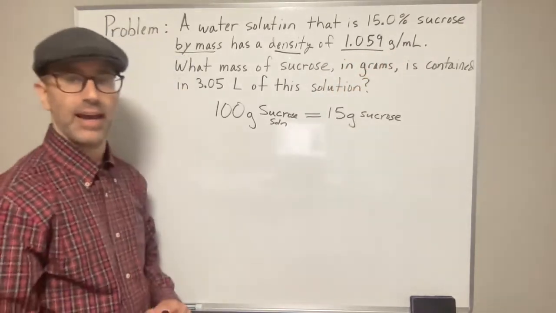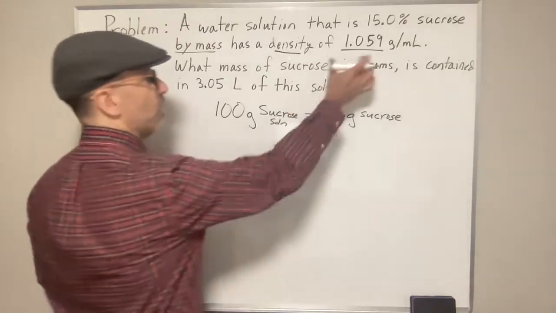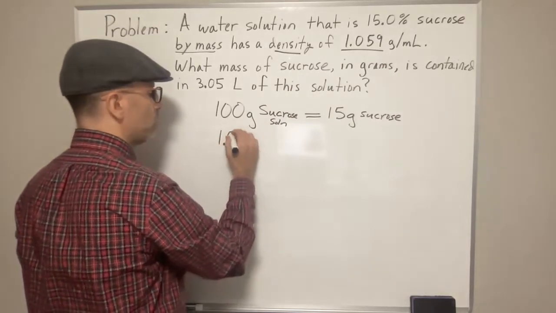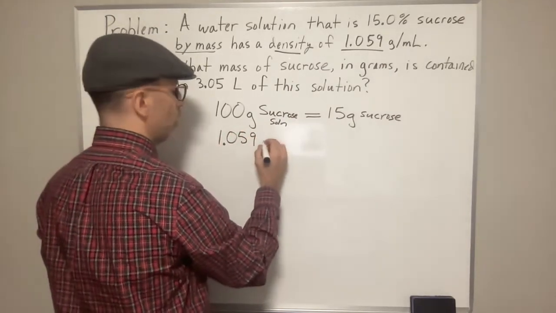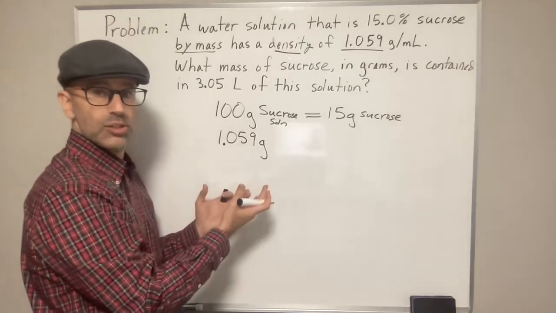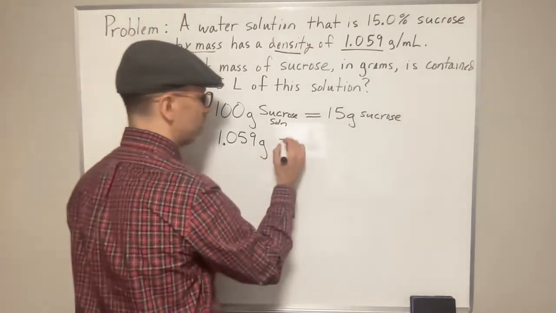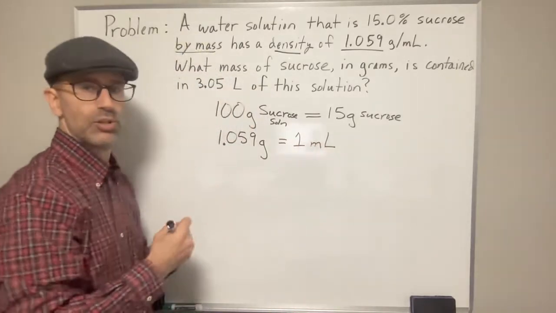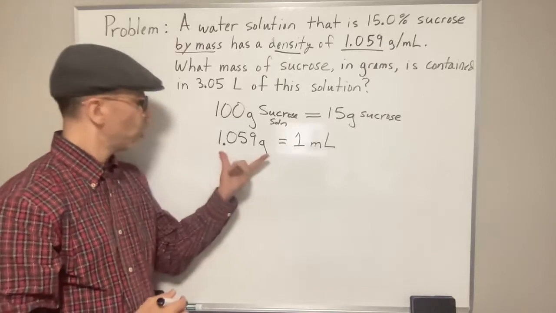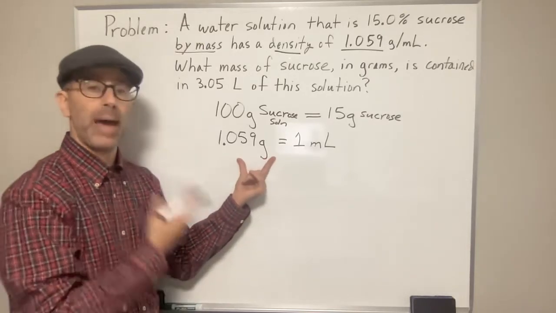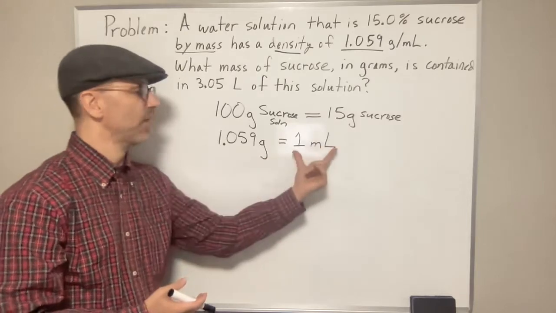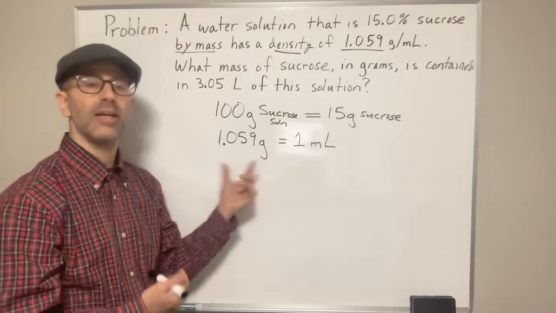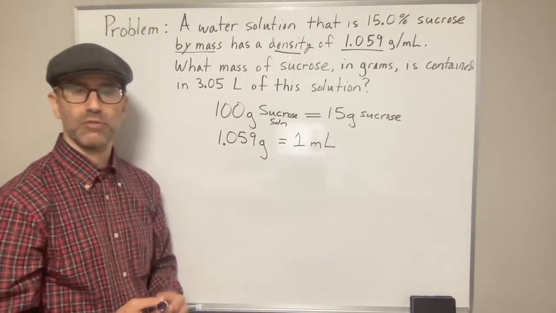So we're going to write that as an equality. If we have 1.059 grams of this solution, that's going to equal 1 milliliter of that solution. So that's what the density is telling you. 1.059 grams of mass of that solution is going to be the same as 1 milliliter of volume of that solution. So we have this equality, and we can use that as a conversion factor.